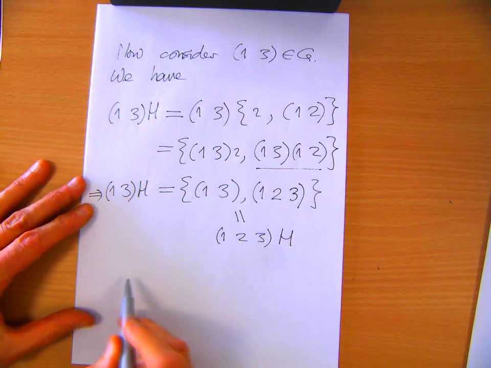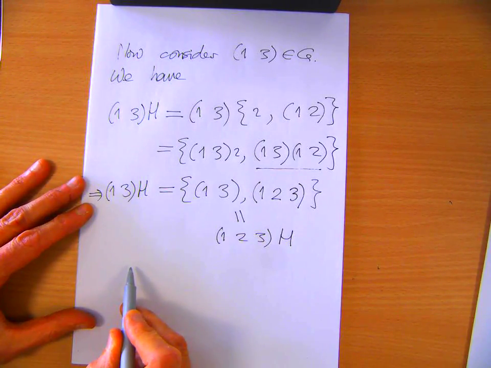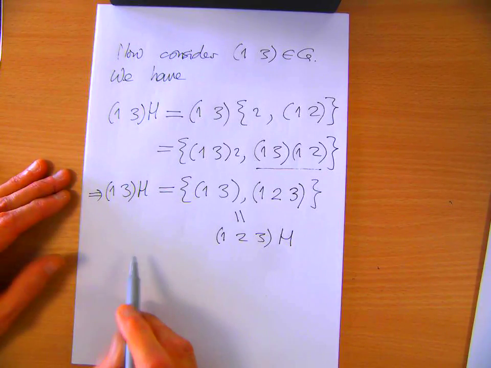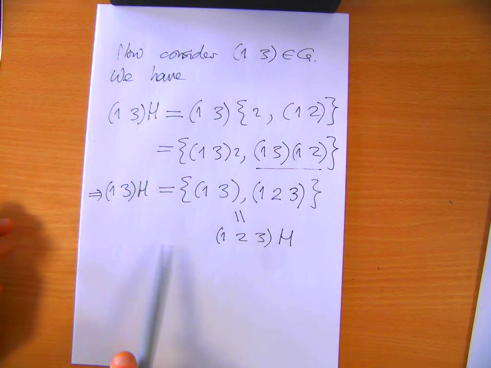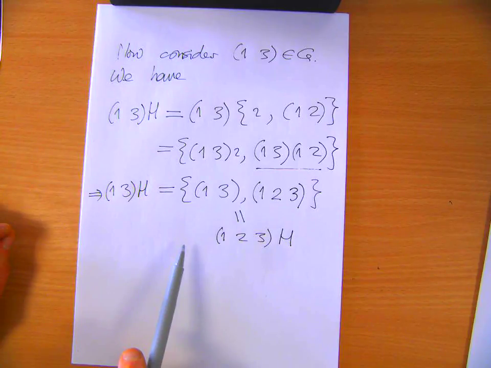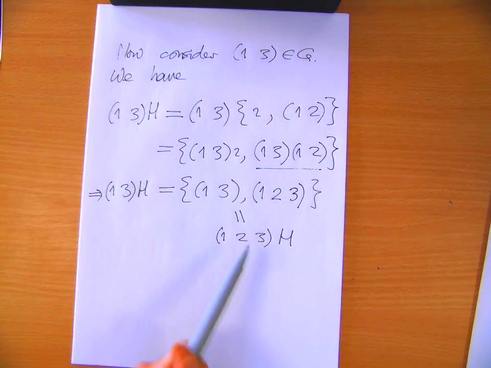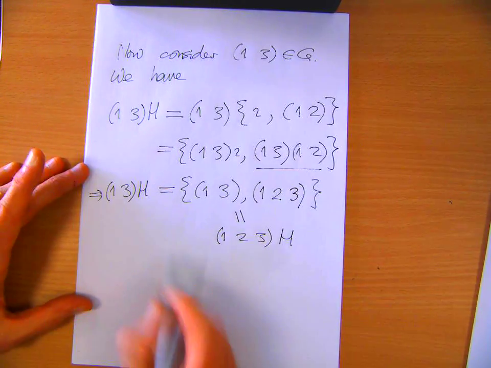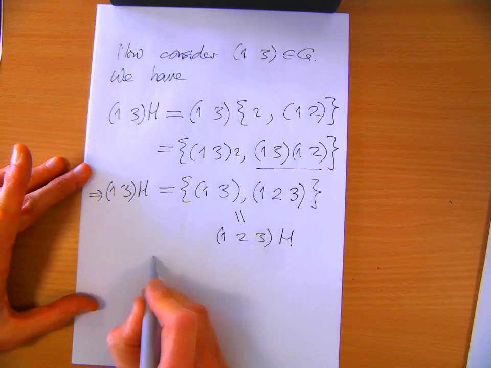Okay, so let's see where we've got to. We now know where 4 of the elements live. But let's just carry on doing the computations.